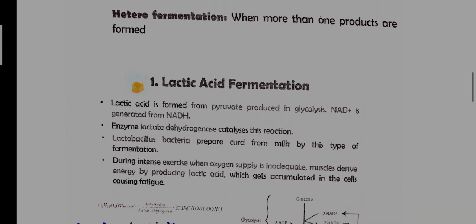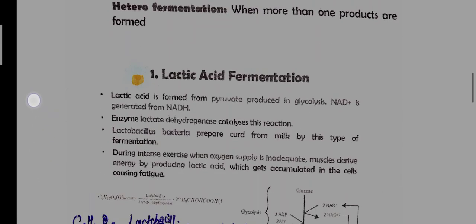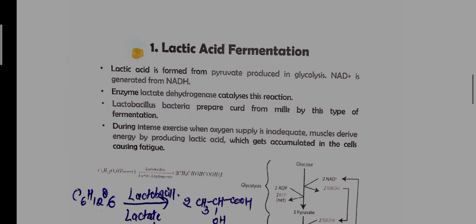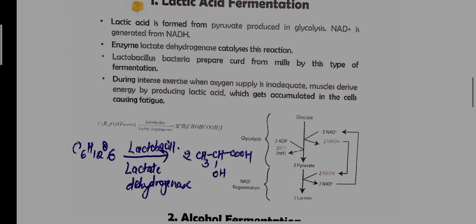Next is lactic acid fermentation. Lactic acid is formed from pyruvate produced in glycolysis. NAD+ is generated from NADH. Enzyme lactate dehydrogenase catalyzes this reaction. Lactobacillus bacteria prepare curd from milk by this type of fermentation.